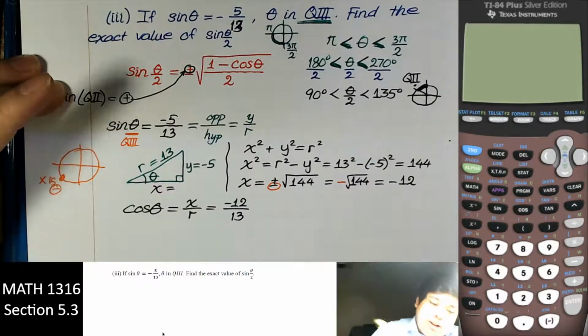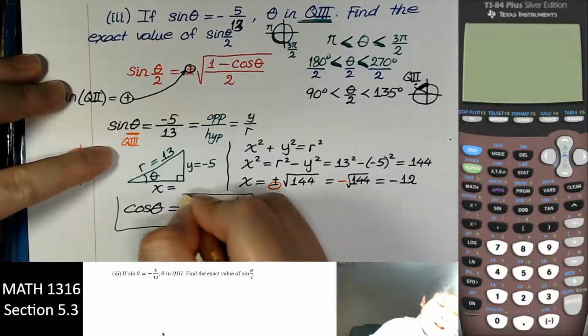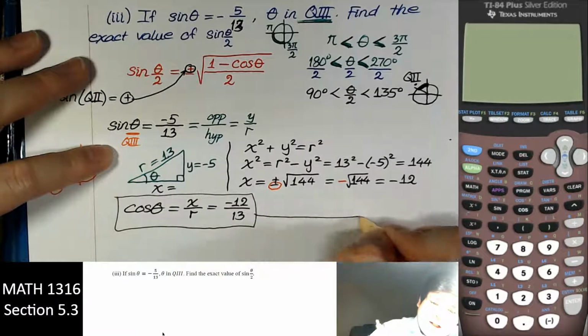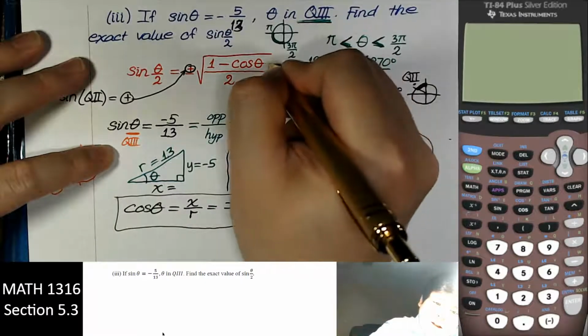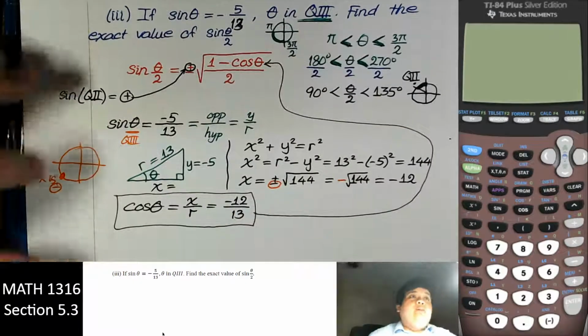So we have cosine is negative 12 over 13. And we can put it back in there.